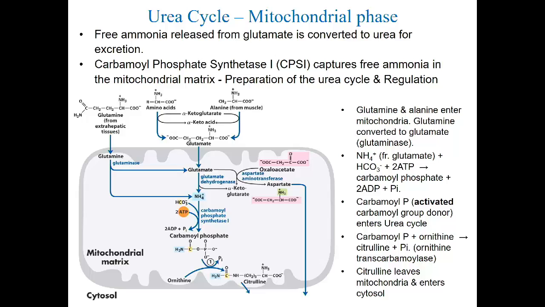But you'll notice the arrows egress go outside of the mitochondria now. So you need to jot down the urea cycle. Part of it starts in the mitochondria, that is grabbing the nitrogen, activating it to form carbamoyl phosphate. The next phase, we have to go out of the mitochondrial matrix. Which cells are we in? Hepatocytes. Where are we coming out of? The matrix into the cytoplasm, the cytosol. That's where the work's going to be done in that hepatocyte.